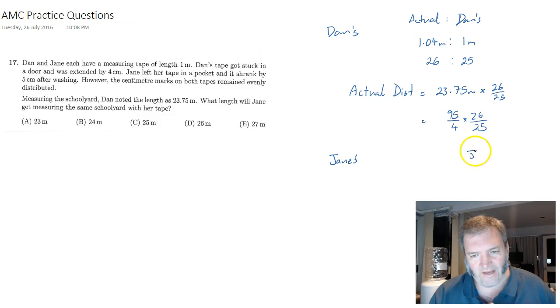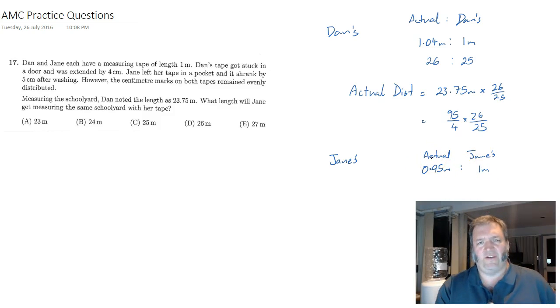Now, on Jane's tape measure, when she measures 1 metre, the actual distance is only 0.95 metres. You can see that when she measures a metre, it's really only 95 centimetres because her tape measure is shorter. So if we put that into a ratio again, what are we going to have?